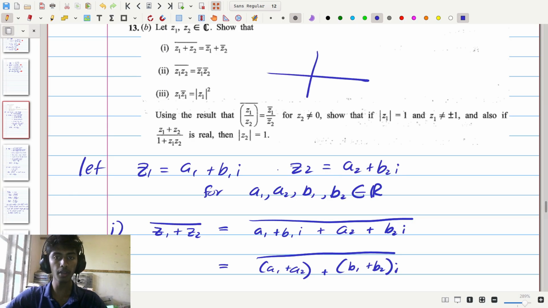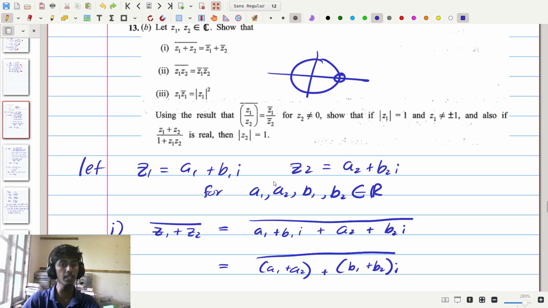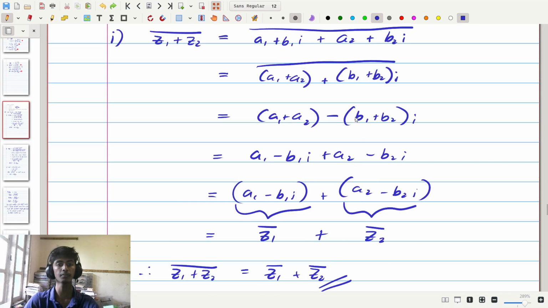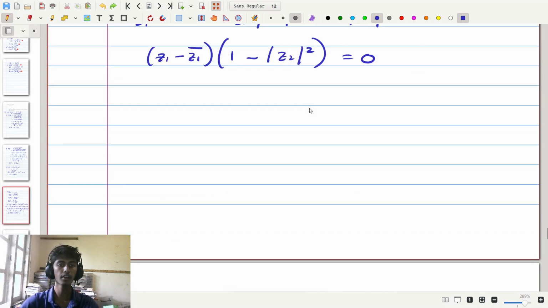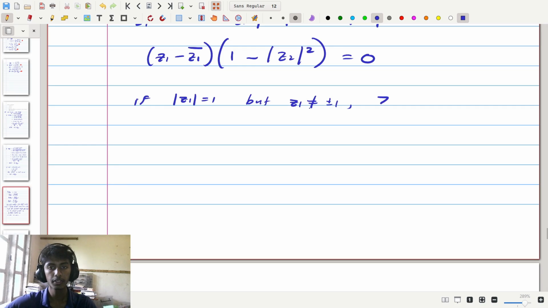Considering all of the complex numbers on the circle here, if Z1 is not equal to this number or this number, then Z1 is definitely not a real number, it is a complex number. So we can apply that logic here and say, if the modulus of Z1 equals 1, but Z1 is not equal to plus or minus 1, from these two facts we can say Z1 is not an element of the real numbers.